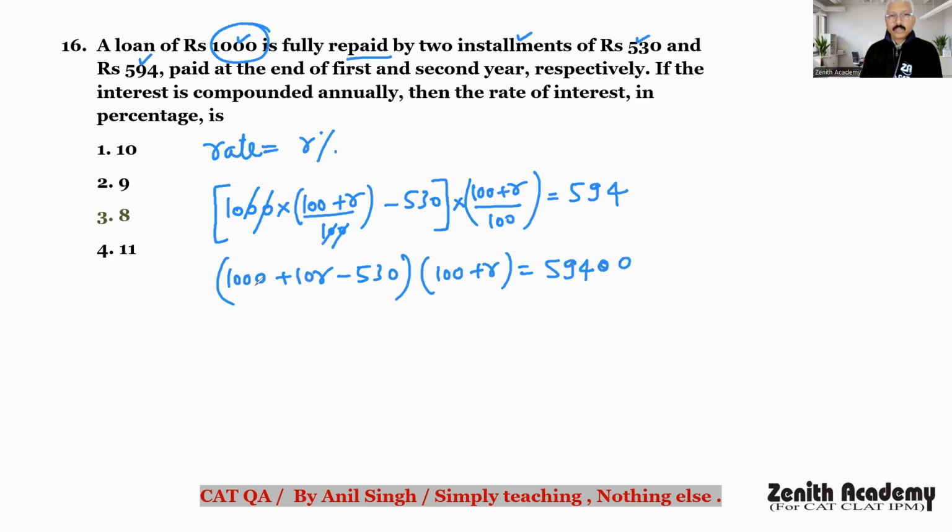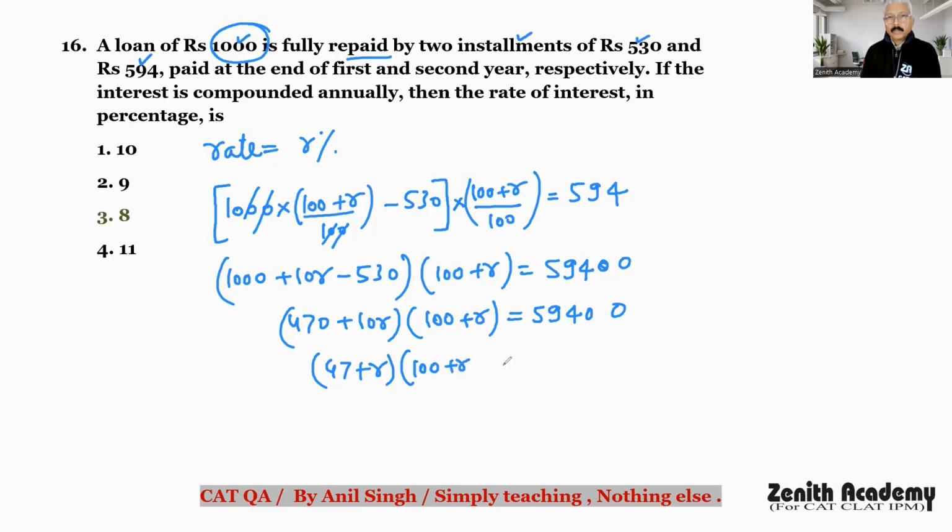So 1000 minus 530 is 470 plus 10R, into (100 plus R), is 59400. We can take 10 common, so finally it is (47 plus R) into (100 plus R) is equal to 5940.